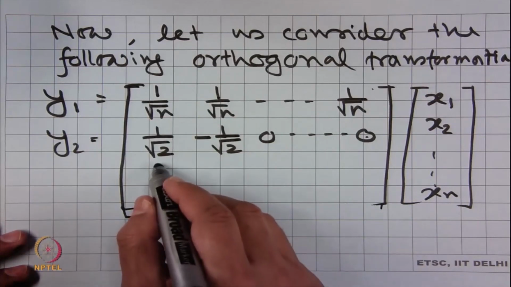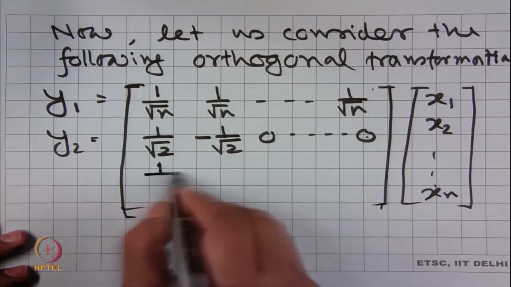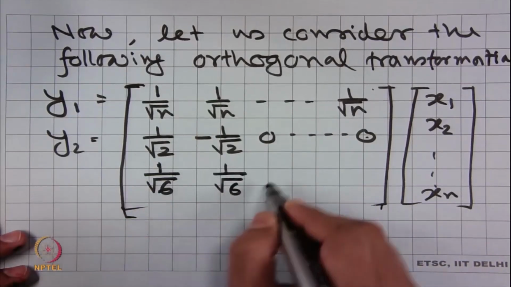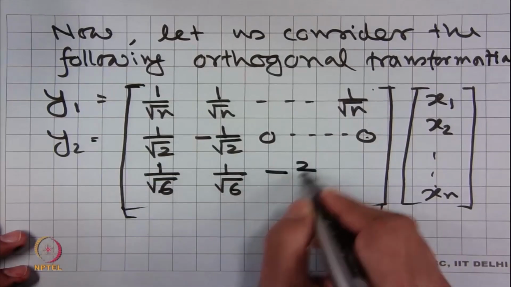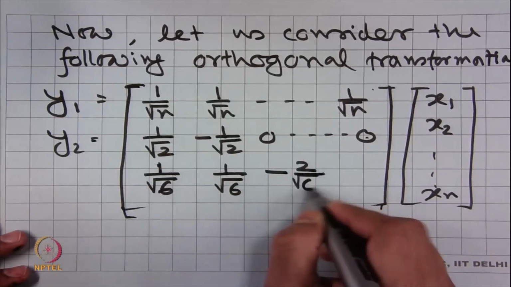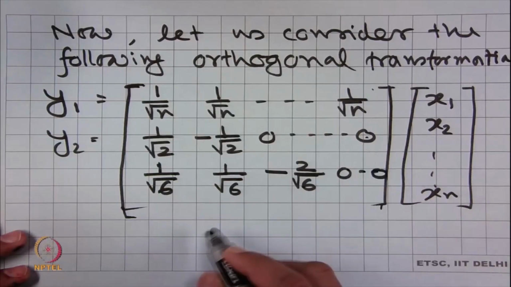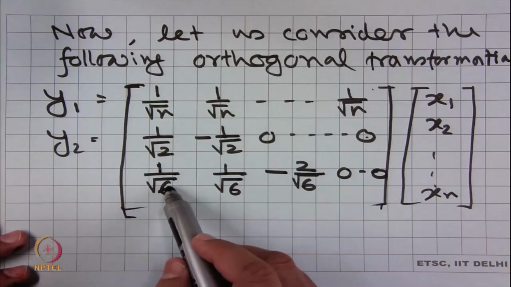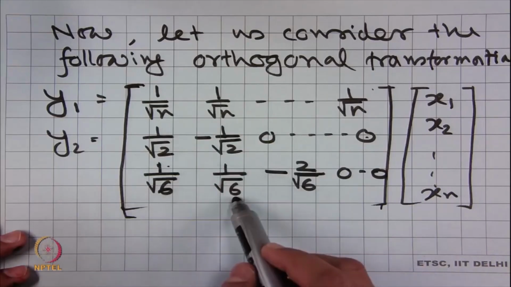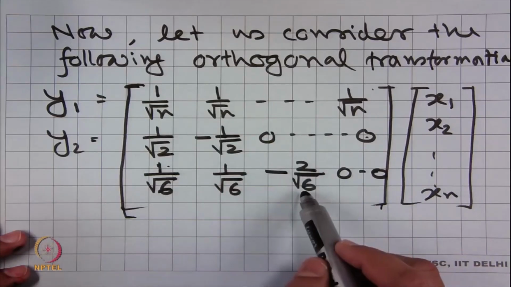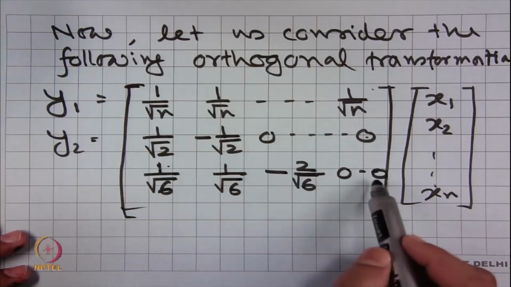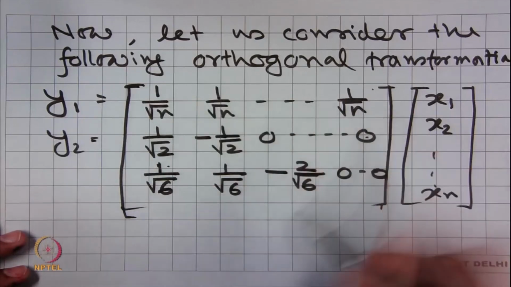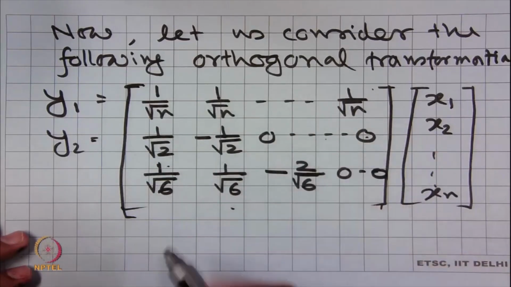Similarly, we can have the third row equal to 1 over root 6, 1 over root 6, minus 2 over root 6, rest are 0. Again, if you look at it, its sum of squares is 1 by 6 plus 1 by 6 plus 4 by 6, which is equal to 1, and not only that, it is orthogonal to this and it is orthogonal to this.